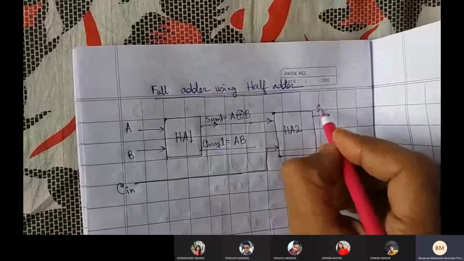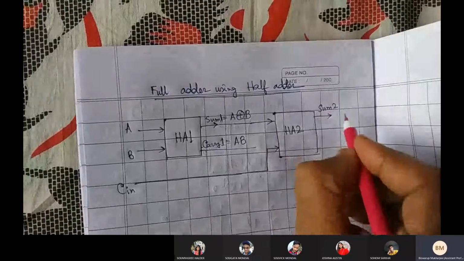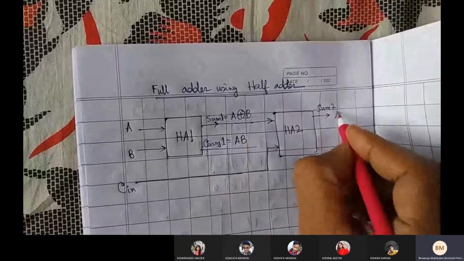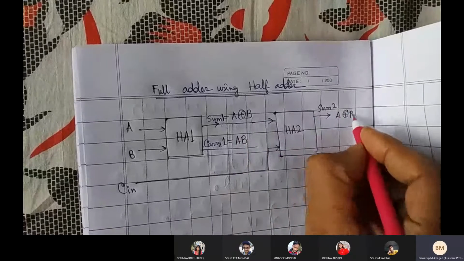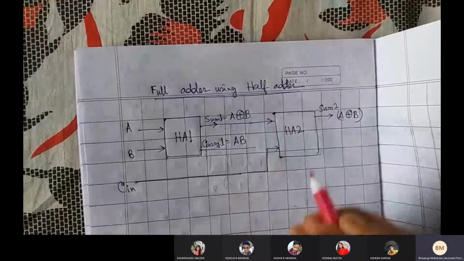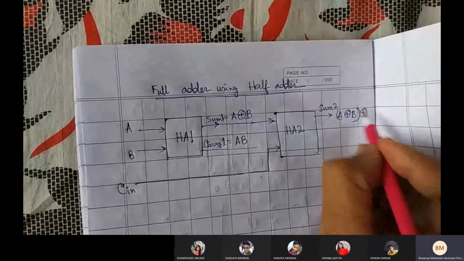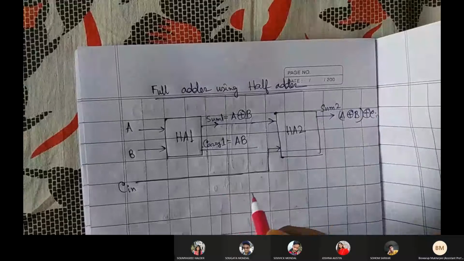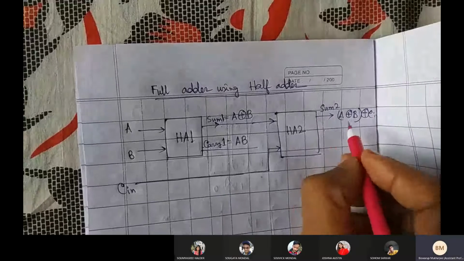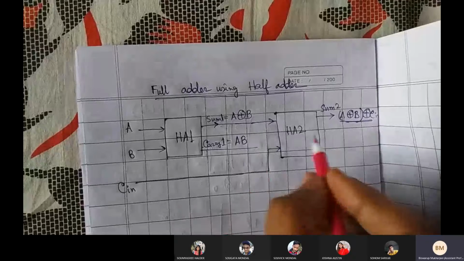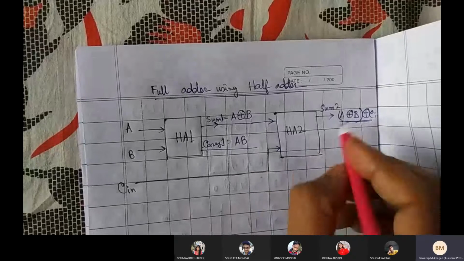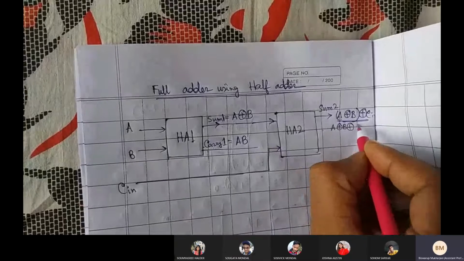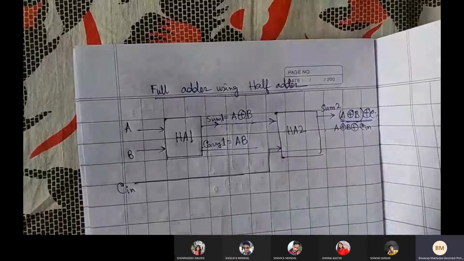It will have the sum 2 output. What is that? Sum 2 output is nothing but A XOR B, which is one of the inputs, XOR C in, right? So overall this is the full adder sum out, because the full adder sum out is A XOR B XOR C in.